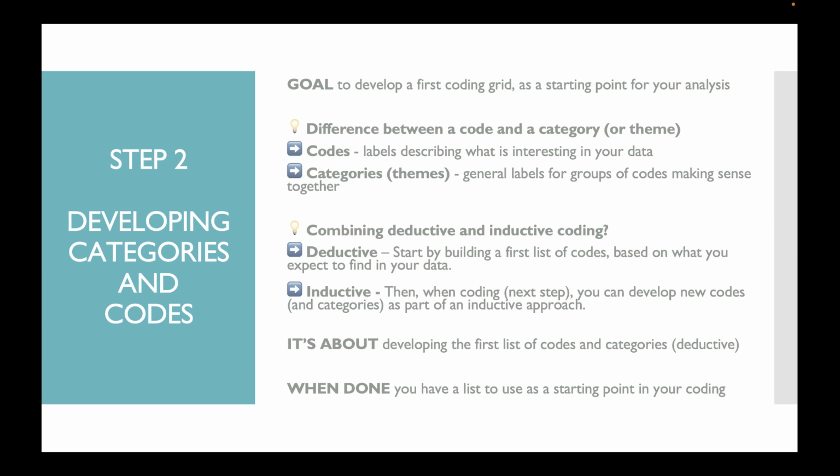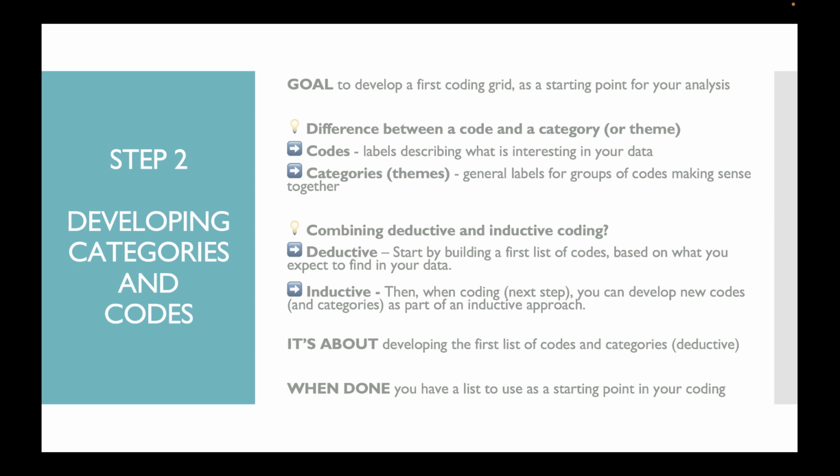Categories or themes now are not exactly the same as codes. It's more like a group of codes with a general theme connecting them together. For example, you can have codes called parents, siblings, friends, grandparents, all in a category called relationships. Some people call that categories, others call that themes.